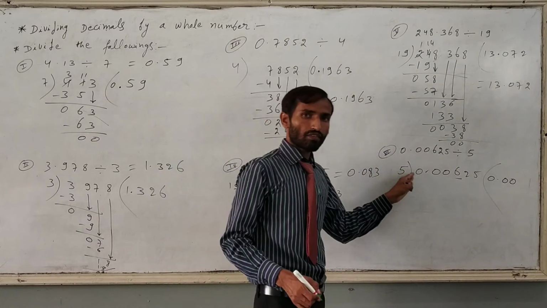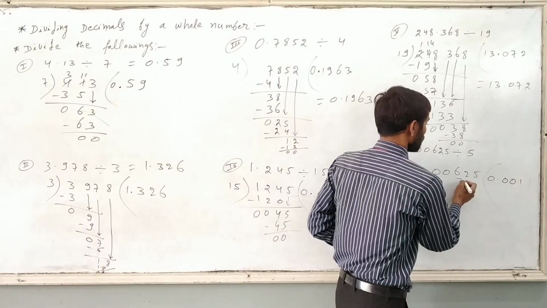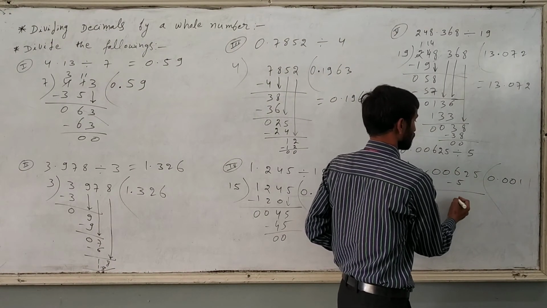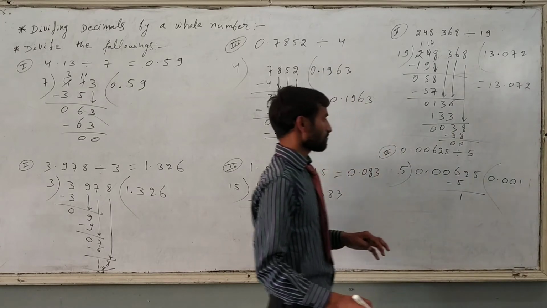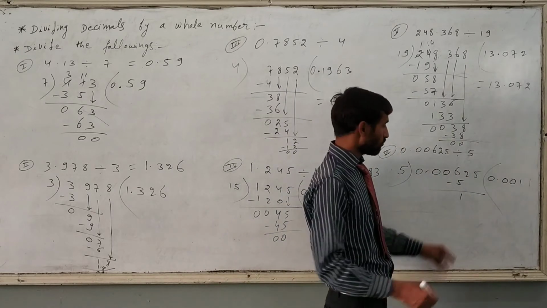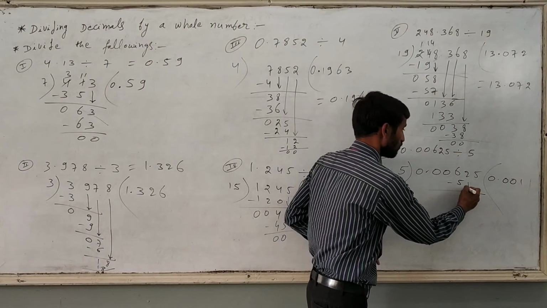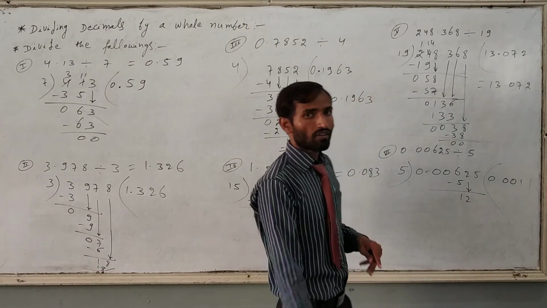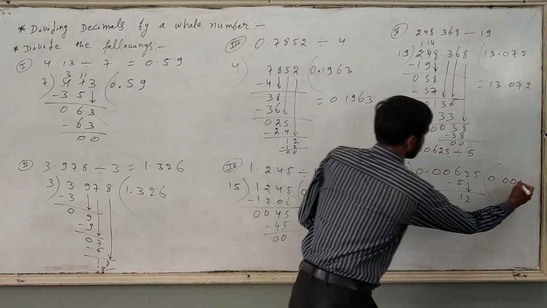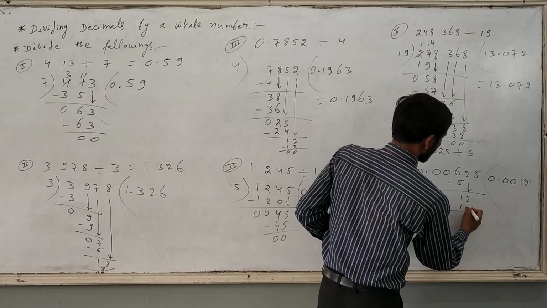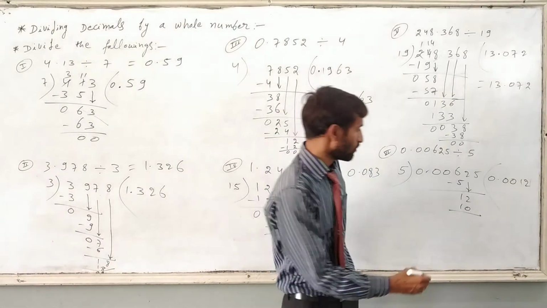It can divide by 5, 1 time, so 5 under 6, subtract 6 minus 5, 1 will come. Then write down here again, 1 is there, so it is not divisible by 5, so write down 2, 12. It can divide by 5, so 5 times 2 is 10. Again we have to subtract, 12 minus 10, 2 will come.